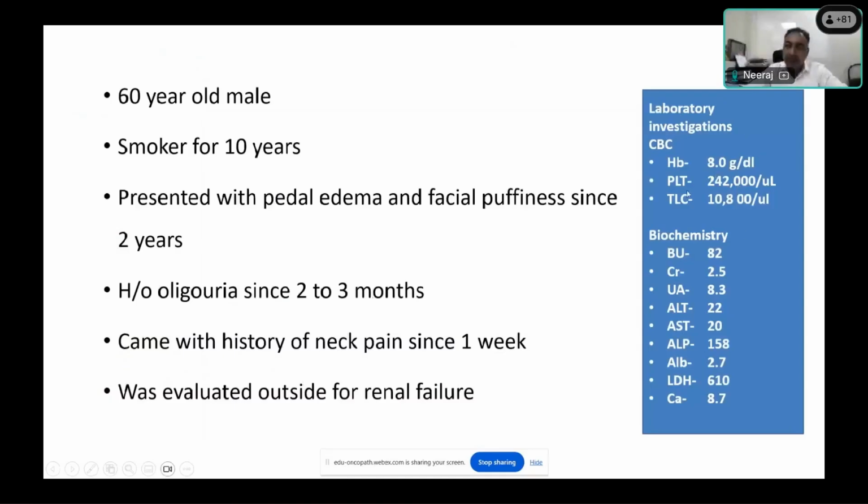The rest of the parameters were normal. In the biochemical parameters, blood urea was 82, creatinine was 2.5, uric acid was 8.3, SGPT normal, alkaline phosphatase was 158, albumin was 2.7, LDH 610, and calcium was 8.7.